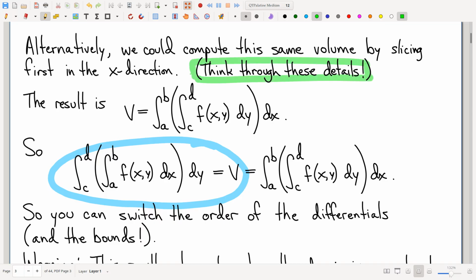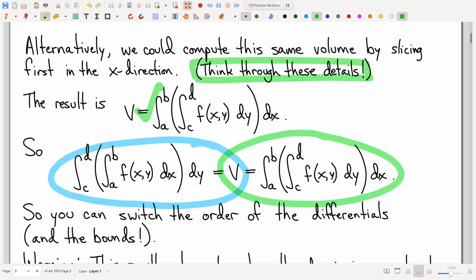But yes, you can go through and compute doing your x slicing first, right? dx on the outside. You get a geometrically different picture. It's highly analogous, but different, right? And it's a wonderful exercise to go think through, draw what that picture would look like, think about the differences and which variable is a constant at which part of your argument, and what you end up with is that right there.